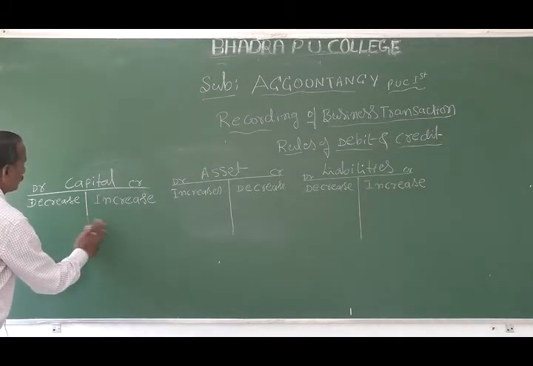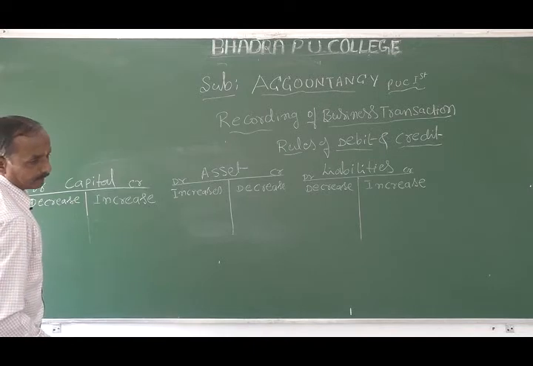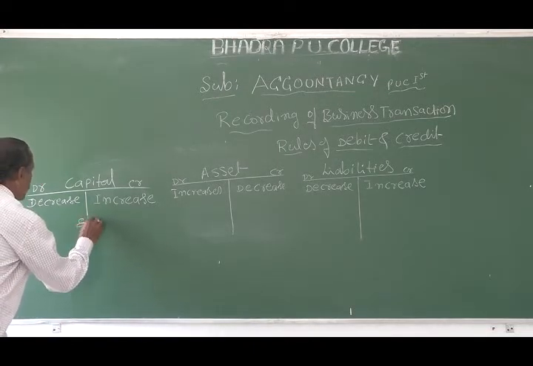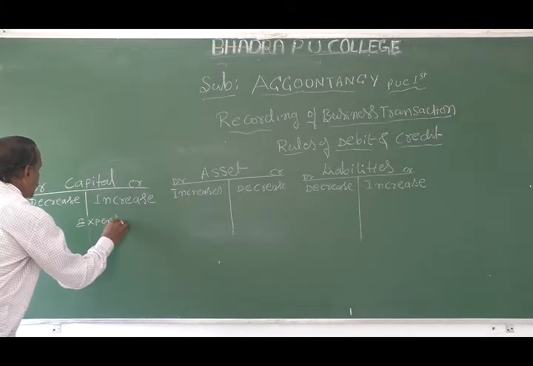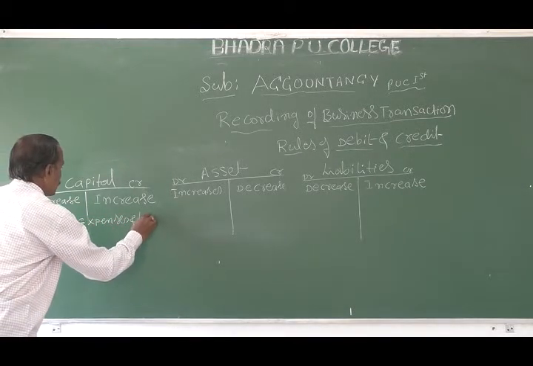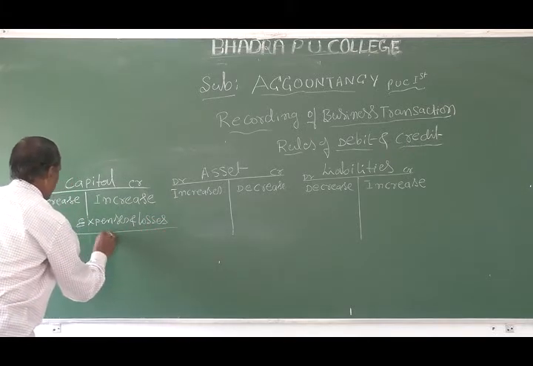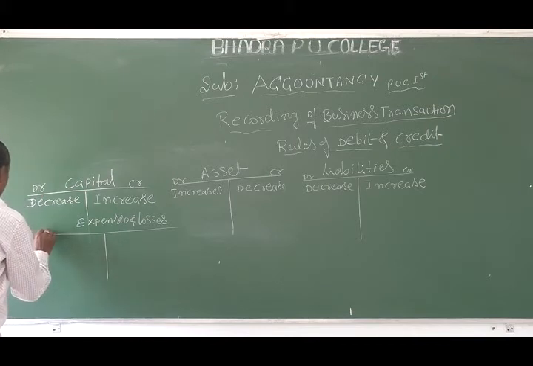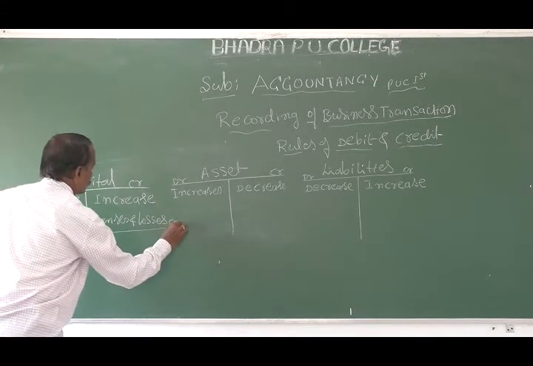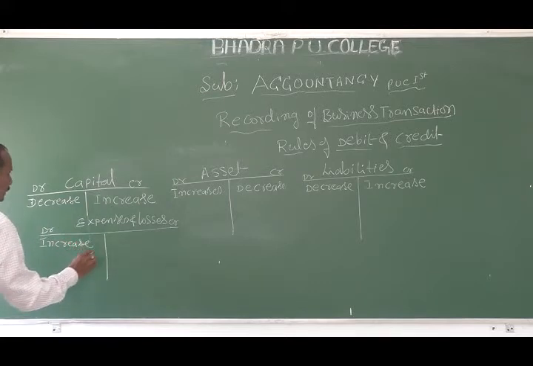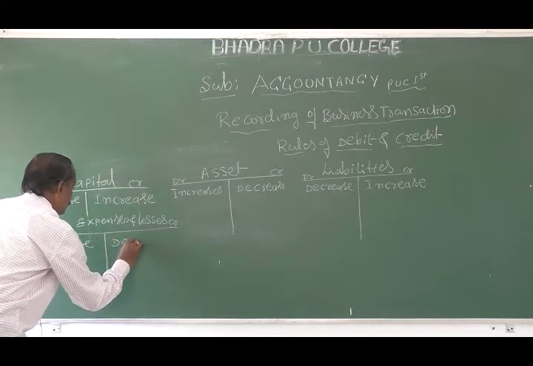Next, expenses and losses: debit increases, credit decreases.